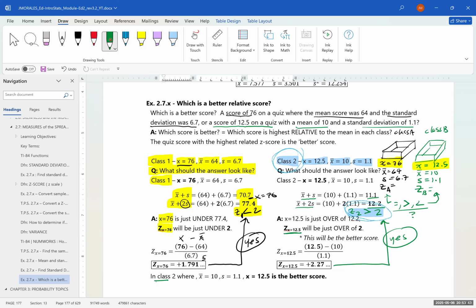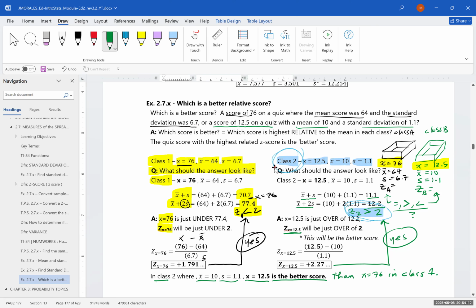So in class 2, where the average is 10 and the standard deviation is 1.1, a score of 12.5 is a better score. And I would say then x equals 76 in class 1 is the lower one. Okay, so here we took two different grading scales in two different classrooms.